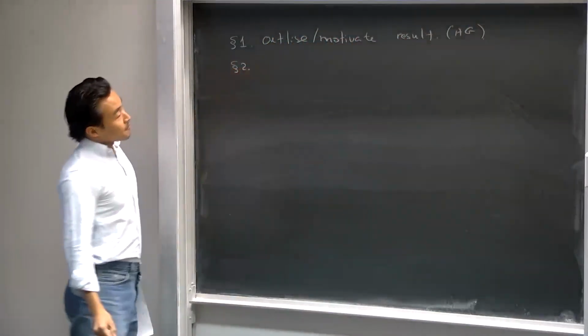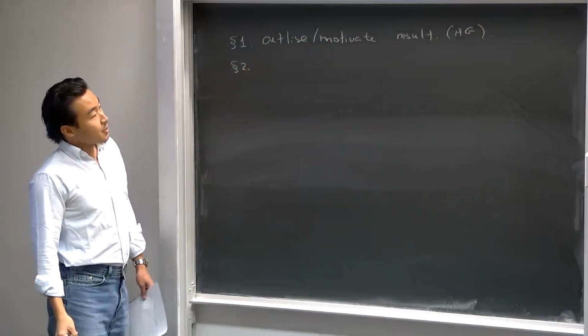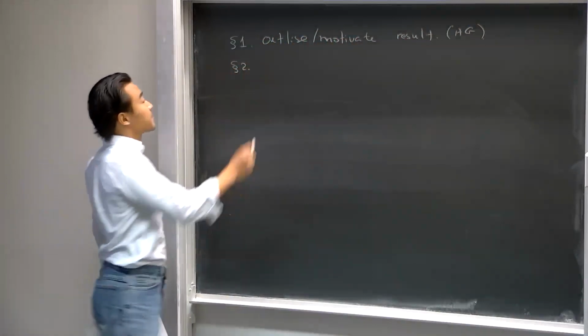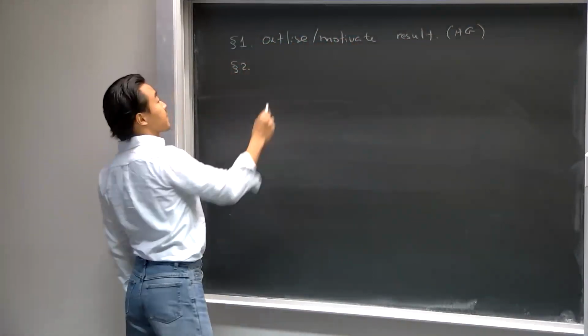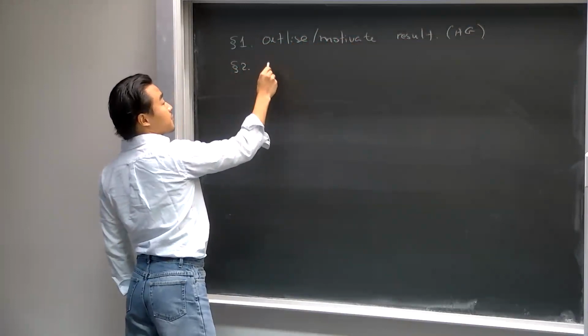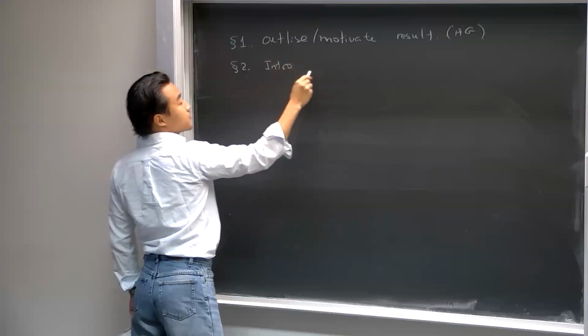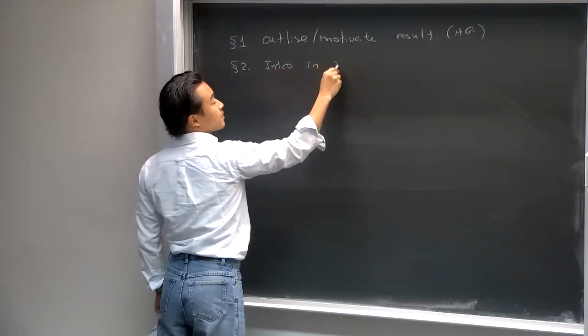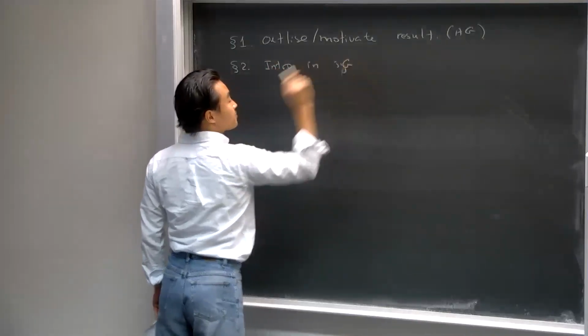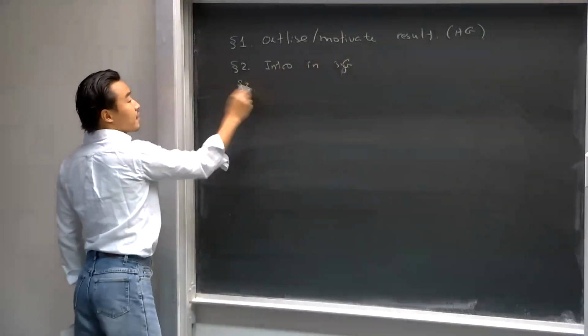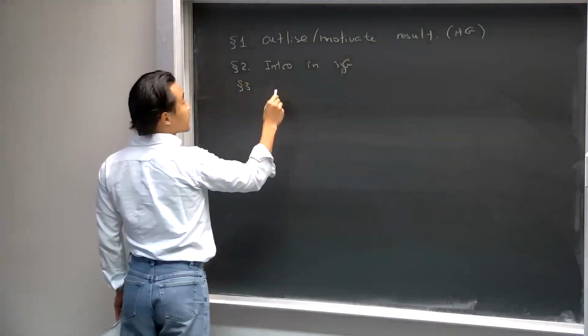And then I'll tell you how that is actually symplectic by also going through some basic things in symplectic topology, so kind of an intro in SG. And then I'll try to outline the proof.